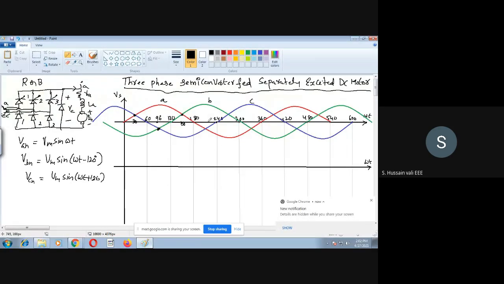This intersection is 210, and this intersection, 270.